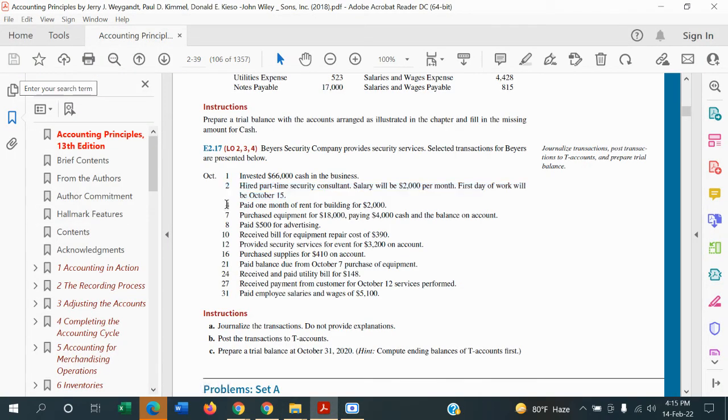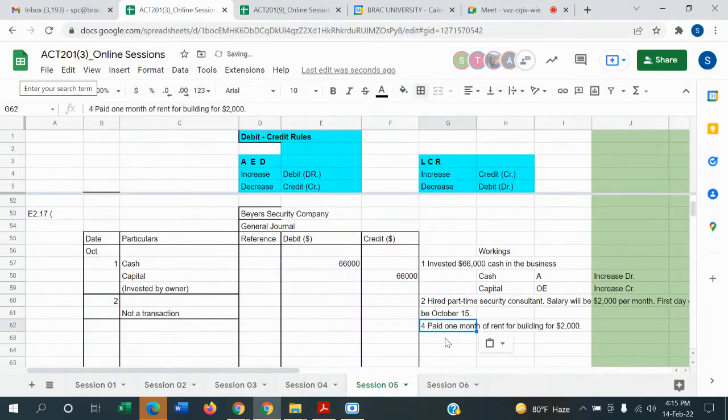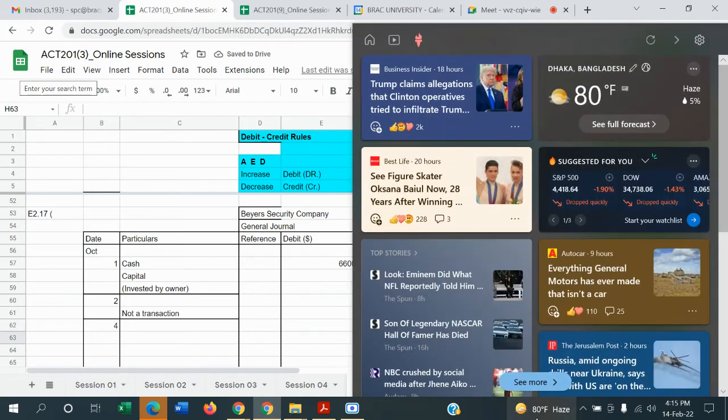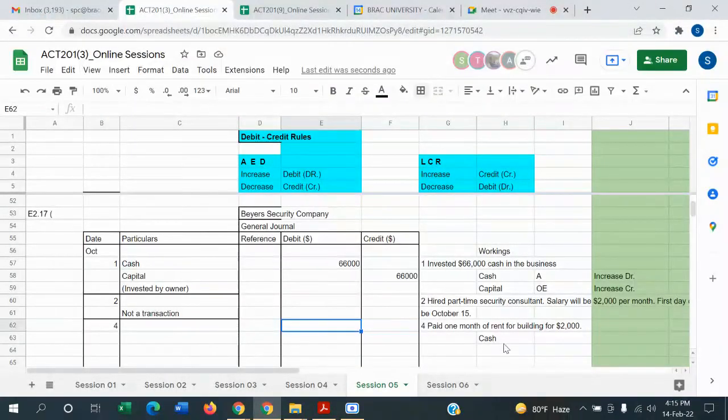Number 3 or 4: paid 1 month rent for building, $2000. Paid 1 month rent. Cash and rent expense.